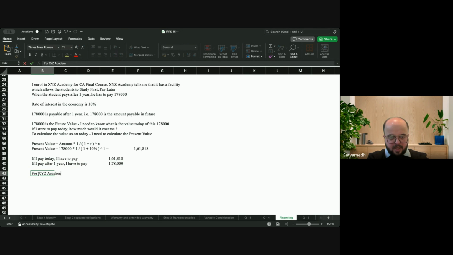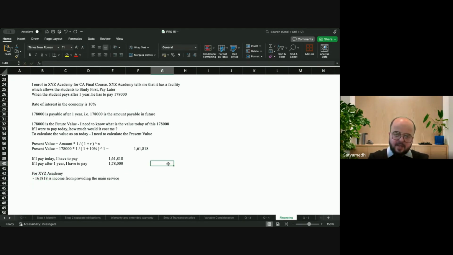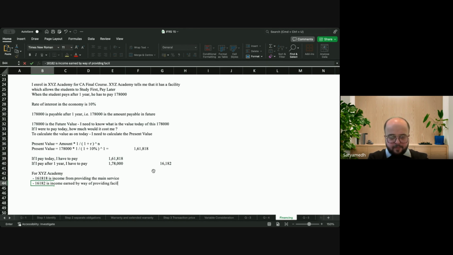1,61,818 is income from providing the main service. And the difference, 16182, is income earned by way of providing a facility to the customer to delay the payment.